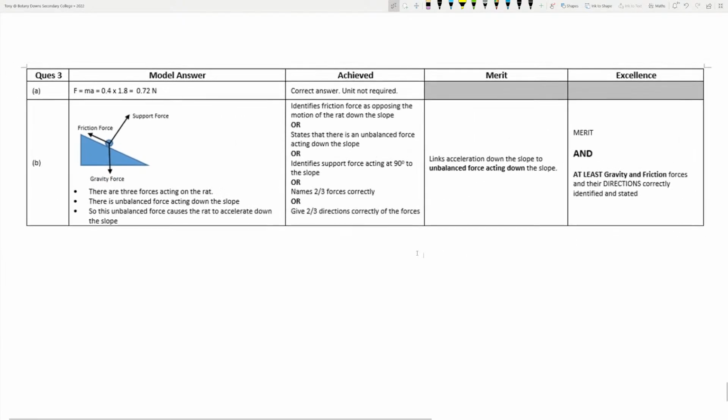I guarantee you 90% of the nation would fail this if they did. Like, you get an angle. So technically this force is a combination of gravity and support. So I personally wouldn't worry too much about this.